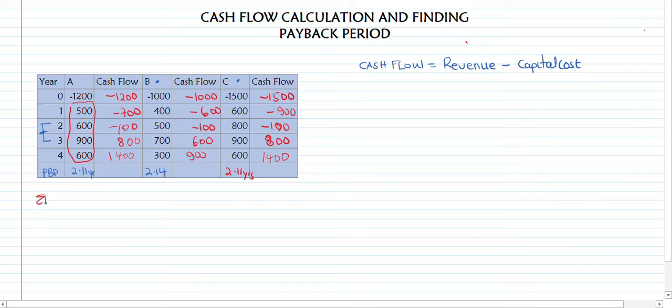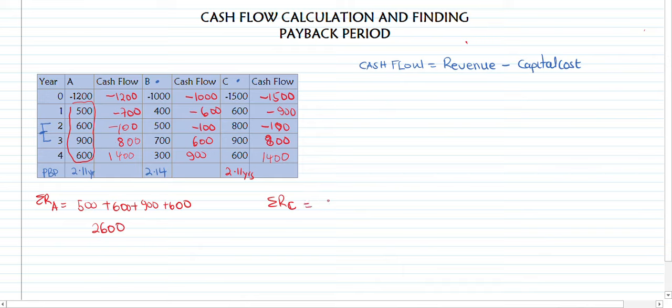Let me see, total revenue for A. That is 500 plus 600 plus 900 plus 600. Let me write it down. That is our revenue, and that is going to give us 2,600. That's the revenue for A. Then the sum of the revenue for C, because B is out.